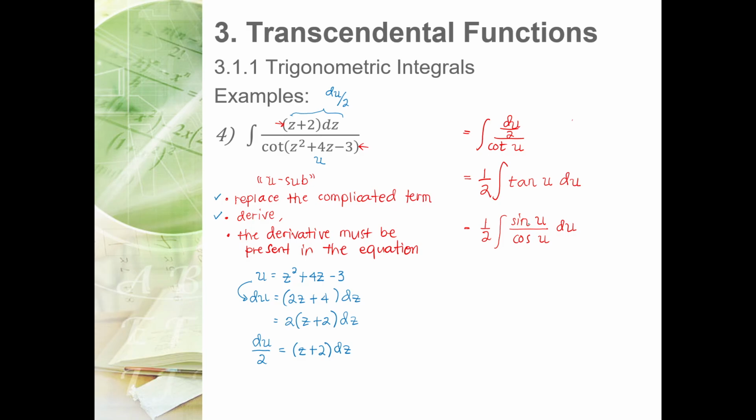So either could be one or the other. But always take note of the third process: the derivative must be present in the equation. So if you try to derive sine u, the resulting answer will be cosine u du, right?